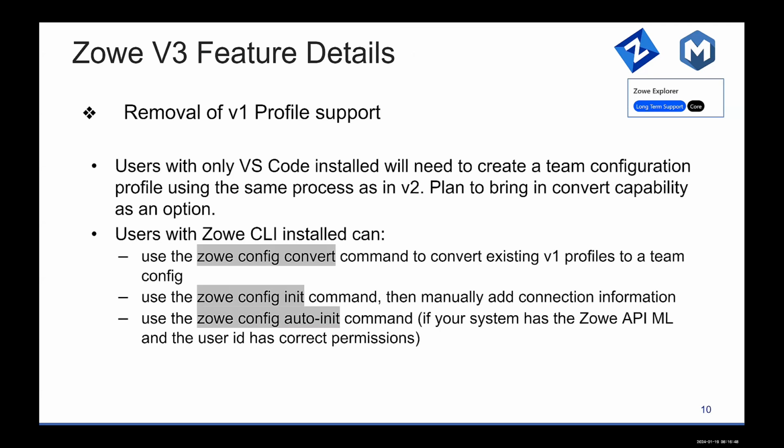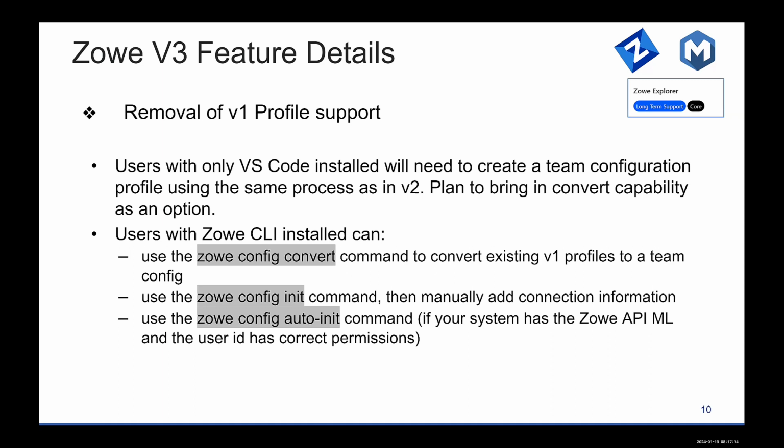It means if you do have v1 profiles and you have an auto update to v3, you will get a message box on the VS Code screen just letting you know that v1 profiles are no longer supported. We do plan to add to that pop-up message and allow users to use the convert capability as an option.